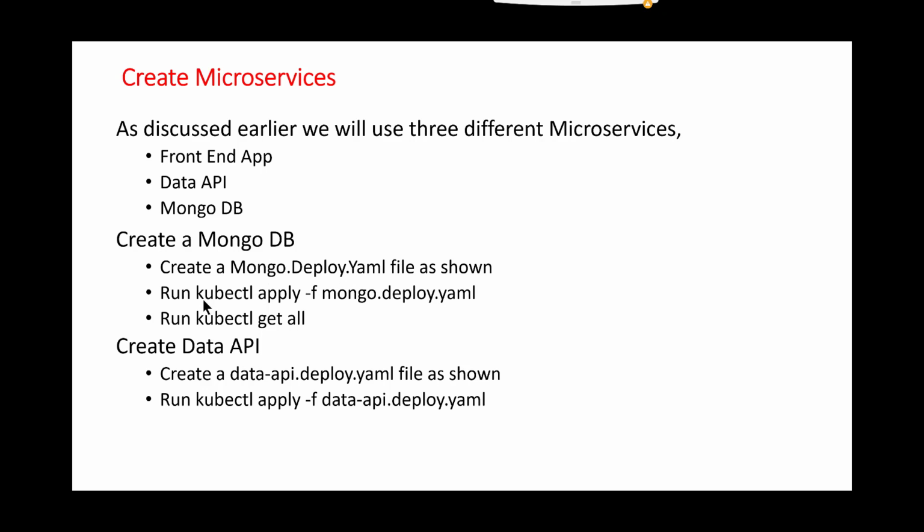And once we do that, we will run that apply file. Basically, we are deploying that image that we have created into the AKS cluster, and it will create the required pod and required container. We'll check that everything is good. Similarly, we'll create the data API, and I'll show you in a second.